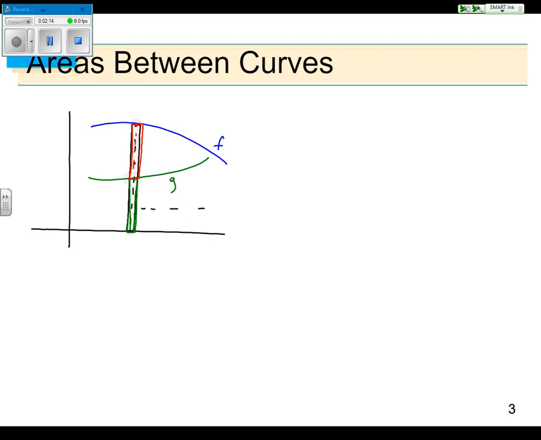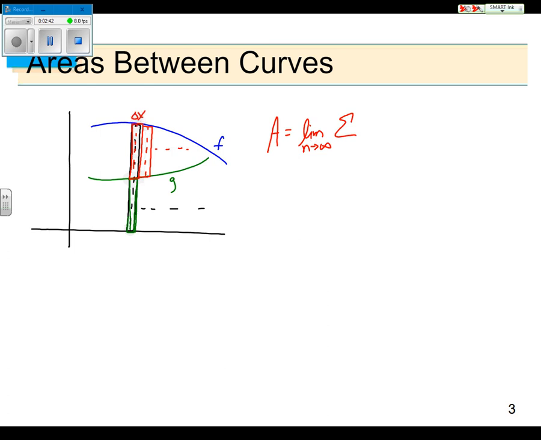If I get enough of these lined up going across, I can find out what the area is between my two curves. Now, each width is still going to be delta x. And so writing out what this area would be, I'm going to take the limit as n approaches infinity, because I still want an infinite number of these strips between the two curves.